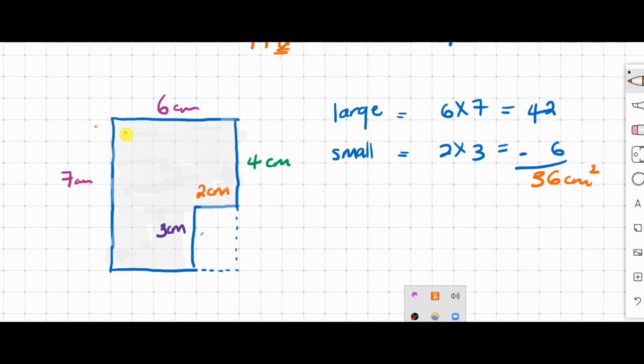We would have 1, 2, 3, up to 36. So the area of the shaded portion should be 36, and our units are centimeters. So 36 centimeters squared.